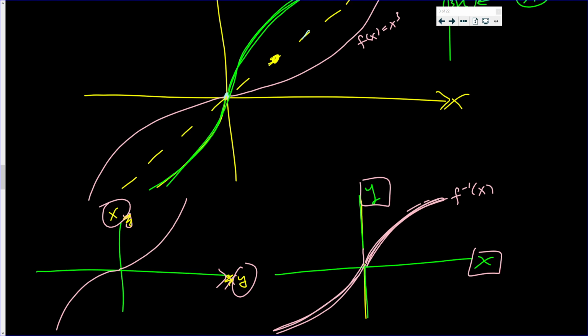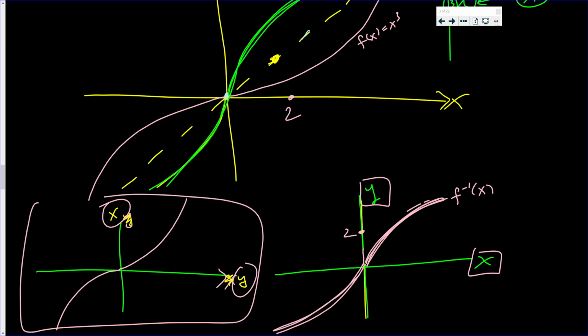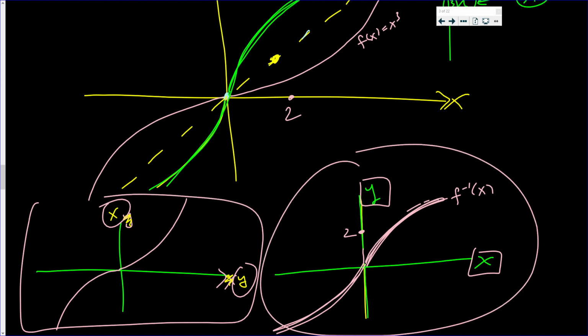And for example, if it crossed at 2, when you interchange x and y and then rotate 90 degrees, it's going to cross here. Because this point is (2, 0). When you interchange x and y, you're going to get (0, 2).